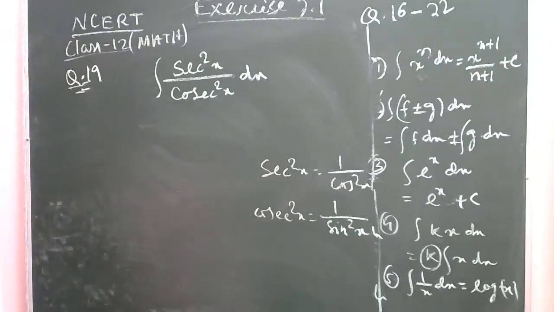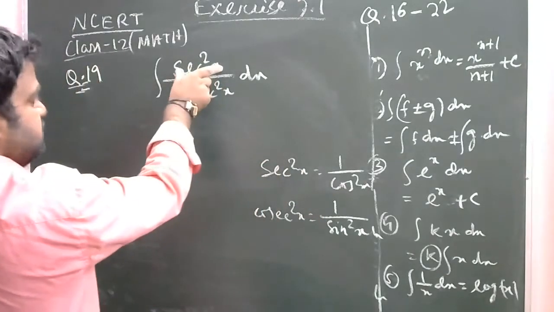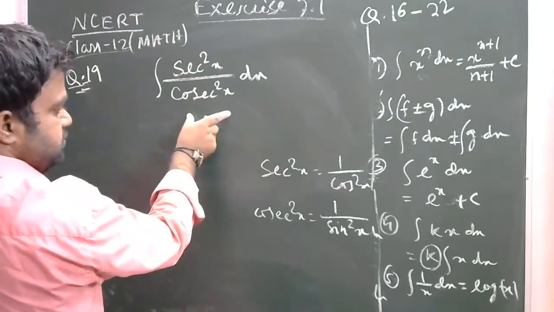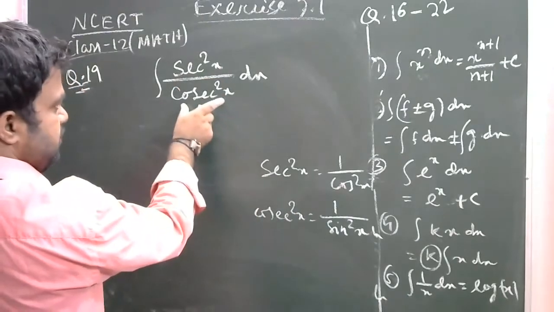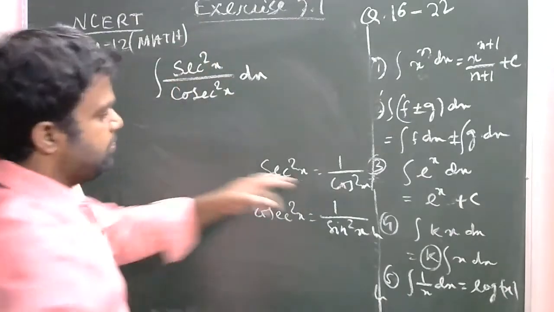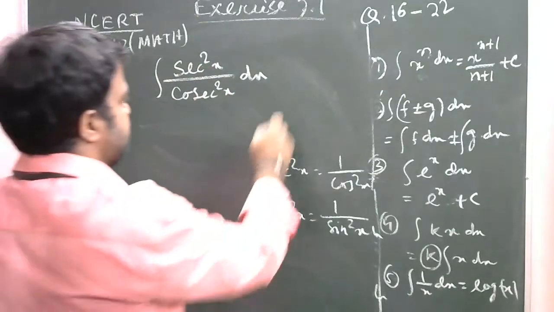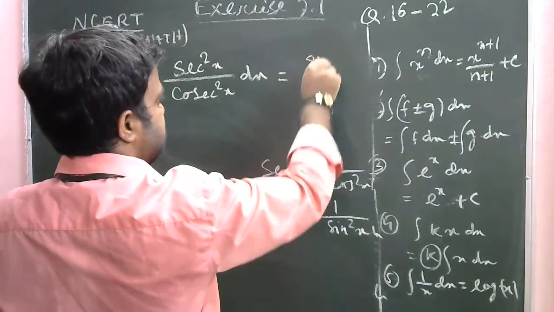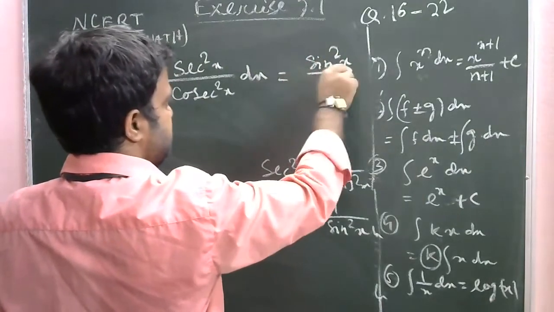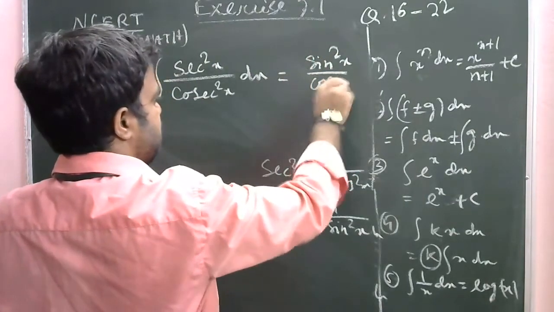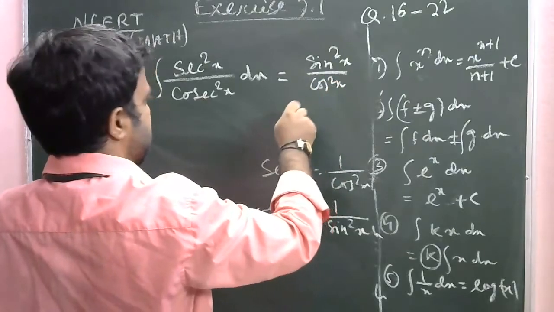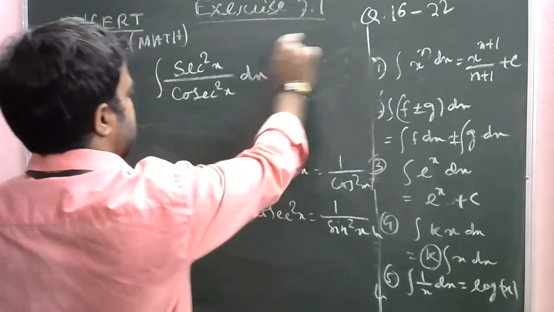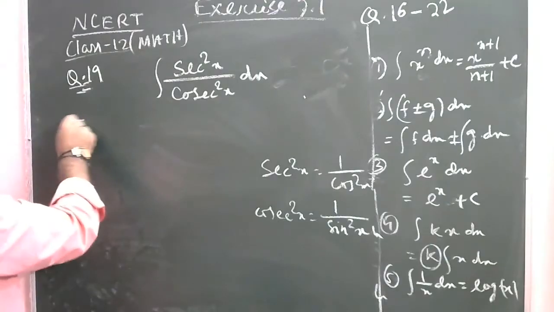So what will this become? Now sec will become 1 upon cos, cosec will become 1 upon sin. So sin will go up, cos will be in the denominator. Let me write it so I don't get confused.